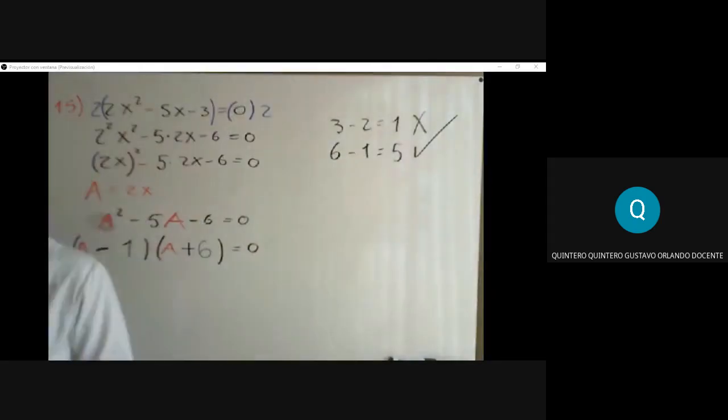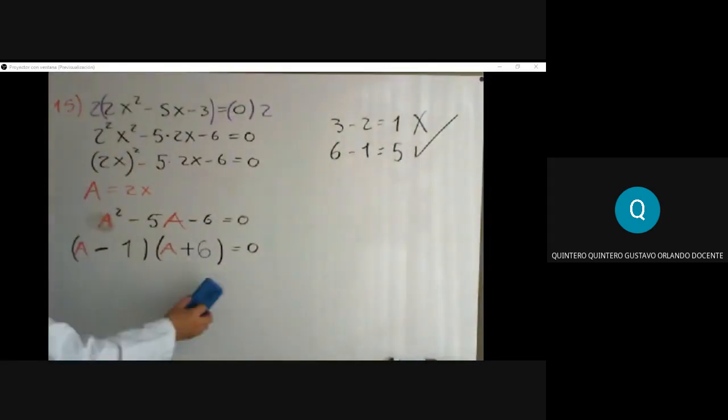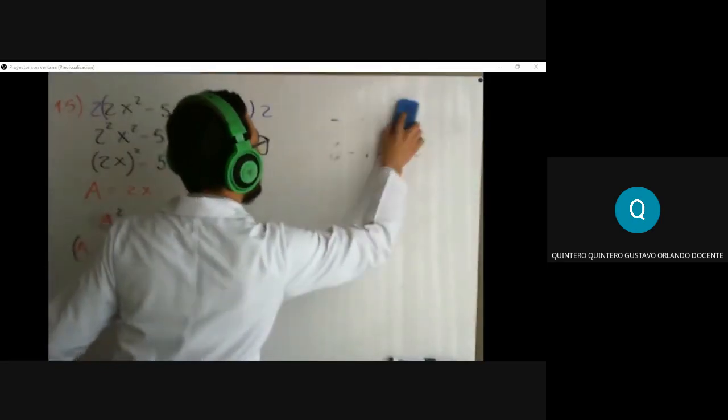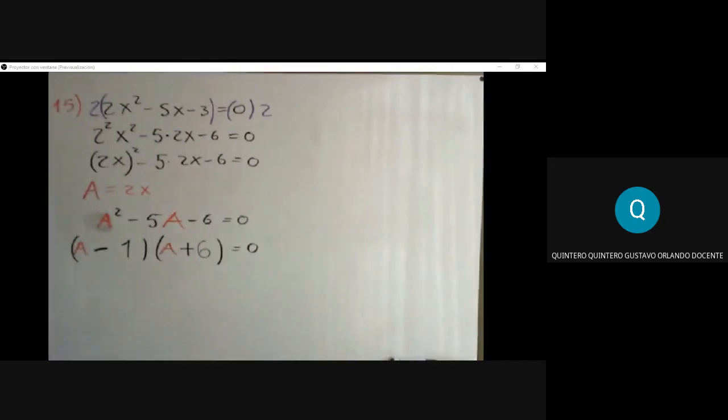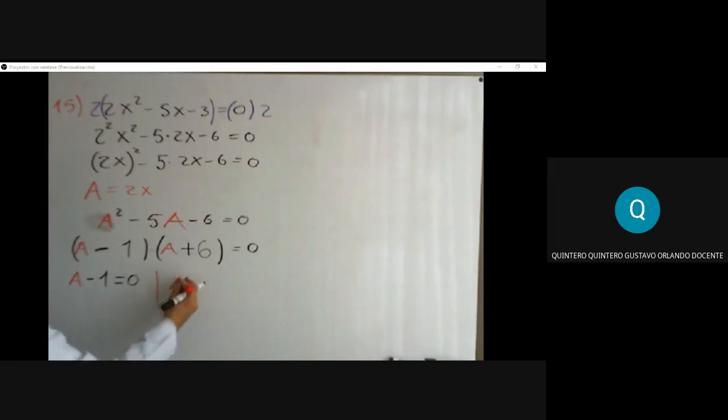We factorized. Now that the expression is factorized, we can open the two factors into two equations. The first one is going to be A minus 1 equal to 0, right? And the second one is going to be A plus 6 equal to 0, right?